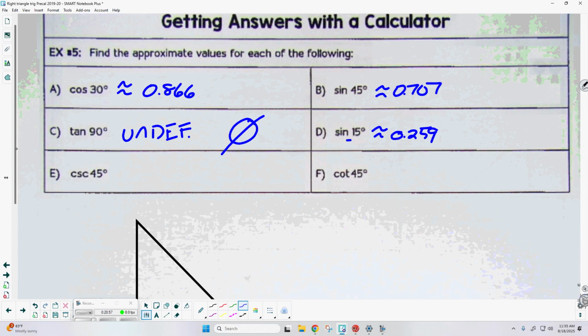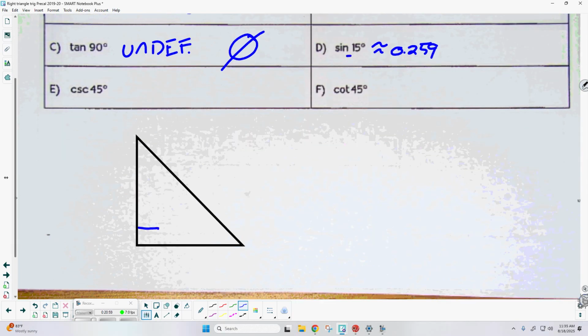Remember, I really want you to connect what a trig function is doing when you plug an angle into it. Let's say I have a right triangle, and one of these acute angles is 15 degrees. Remember, what is sine's ratio? It's opposite over the hypotenuse.